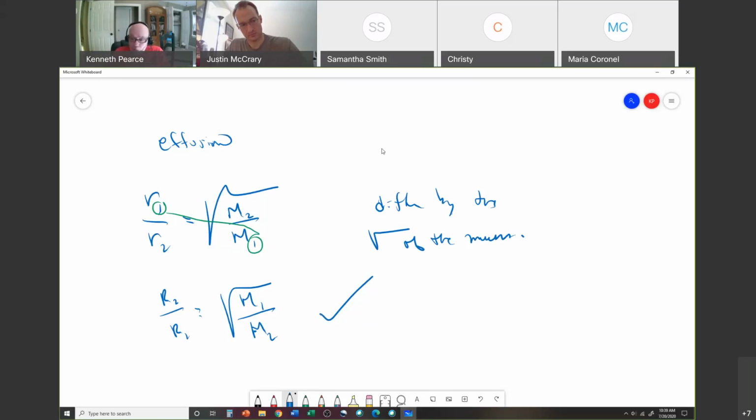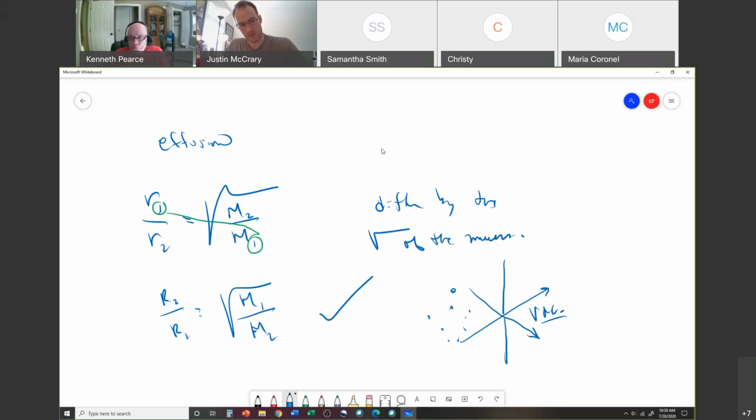And so what do we mean by that anyway? So we have, say, a small opening. We have a vacuum on this side, and we have all these particles that are moving around. Occasionally they're going to come through the hole. And how fast are they going to go through?